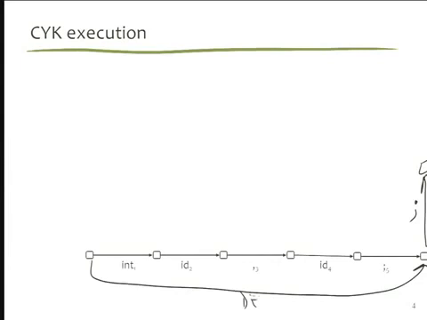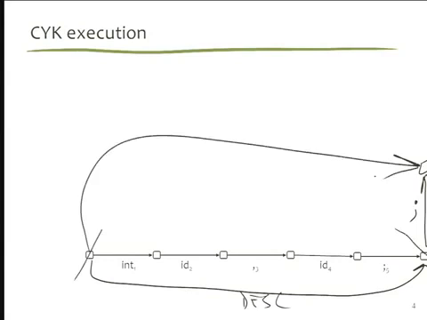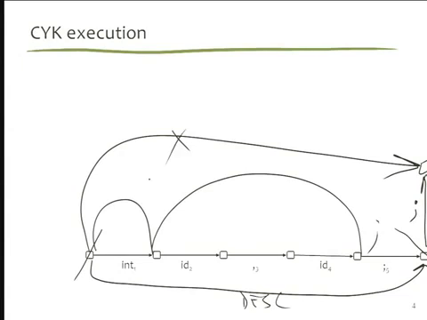So the start non-terminal can derive everything from here to here, but we would not be able to place an edge from here to the very end because we do not have a right-hand side that has type, variable list, semicolon, and another semicolon, or something else. So this edge would never be placed, and therefore the two semicolons would be a string that is not in the grammar, or in other words, a syntax error.